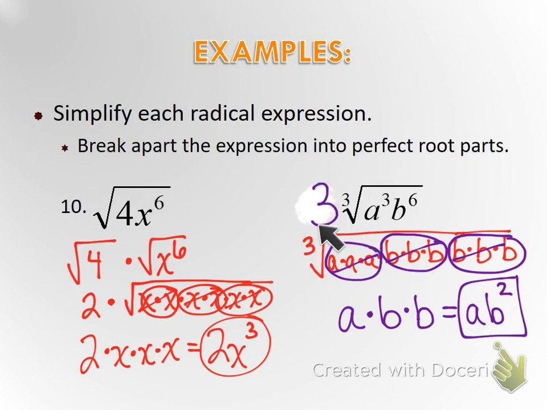So if you have a big number outside your radical, then yes, that number stays. But the little 3 that's our index stays with the radical. So if the radical goes away, so does the index. Does that make sense, the difference between those? Yeah. Okay. Other questions?